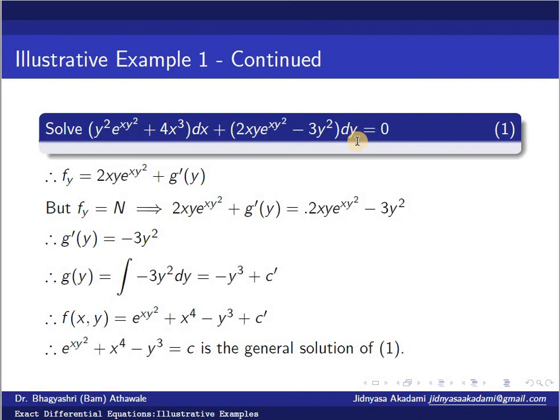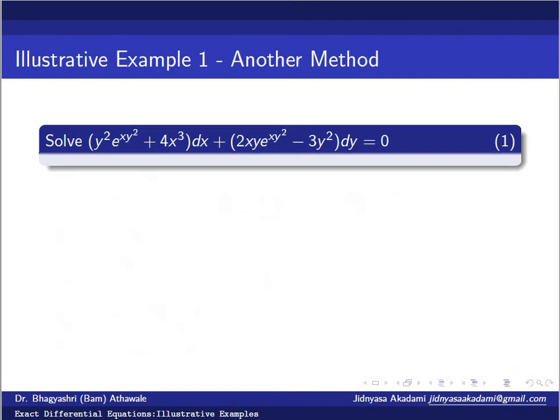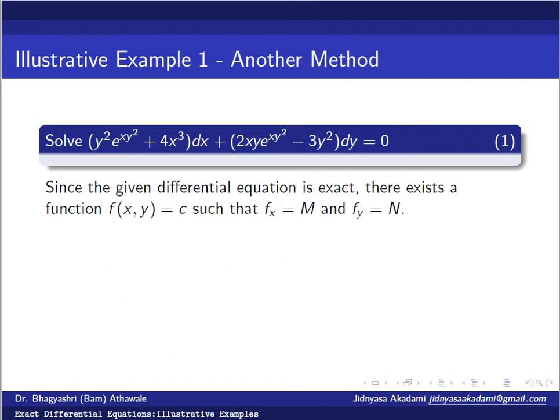That means if we group the terms accordingly and if we can guess that the grouped term is the total derivative of which function, we can directly write the function and then there is no need to write all the steps in this algorithm. So that is the another method, or shortcut method, which is this. I am not going to repeat all the things that I have assumed, that we have shown already that the differential equation is exact.